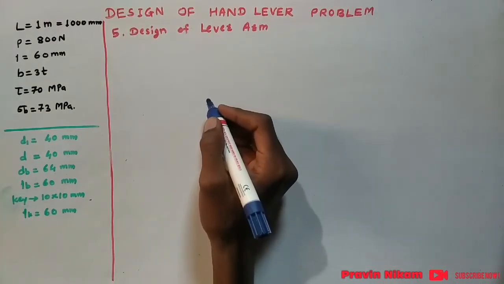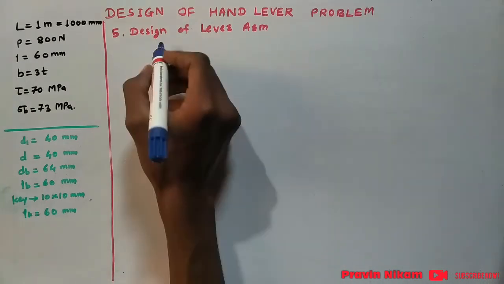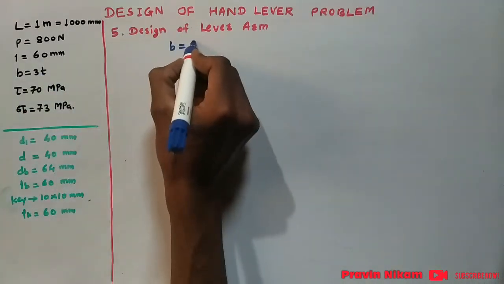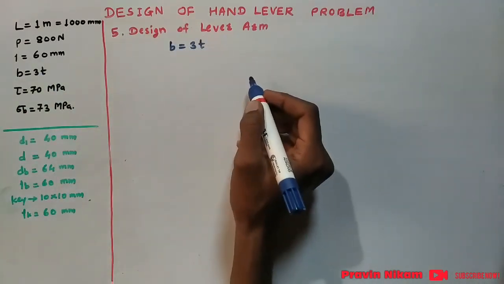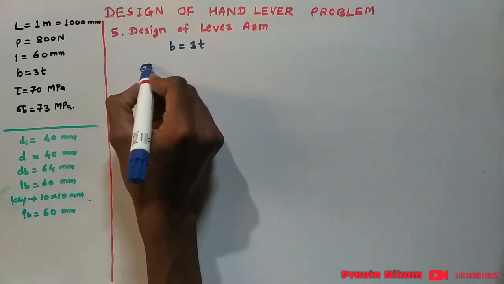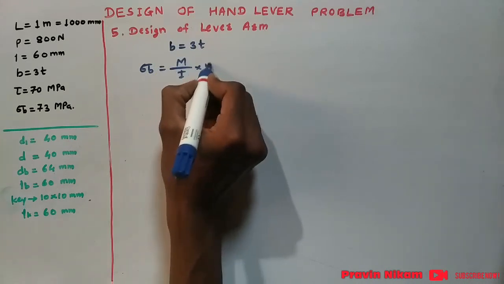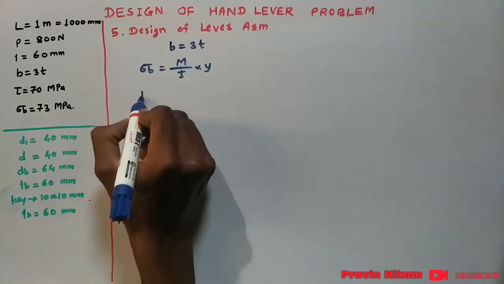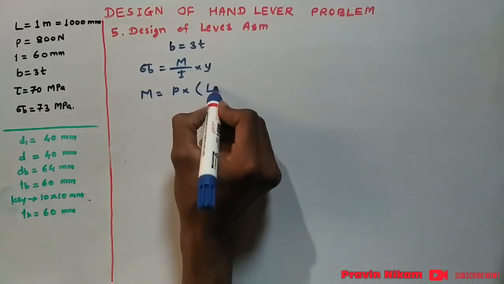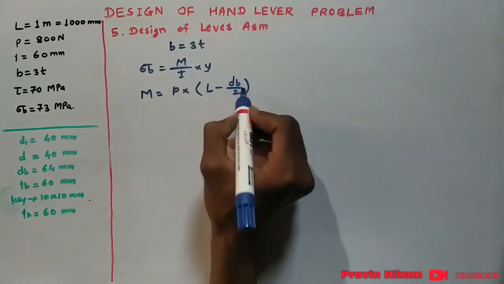Now the last component is lever arm. So how to design a lever arm? Now the given is B is equal to 3 times thickness of lever arm. Lever arm is subjected to bending stress, that is sigma b is equal to M divided by I into y. Here M is equal to P into length of lever arm minus dB by 2.